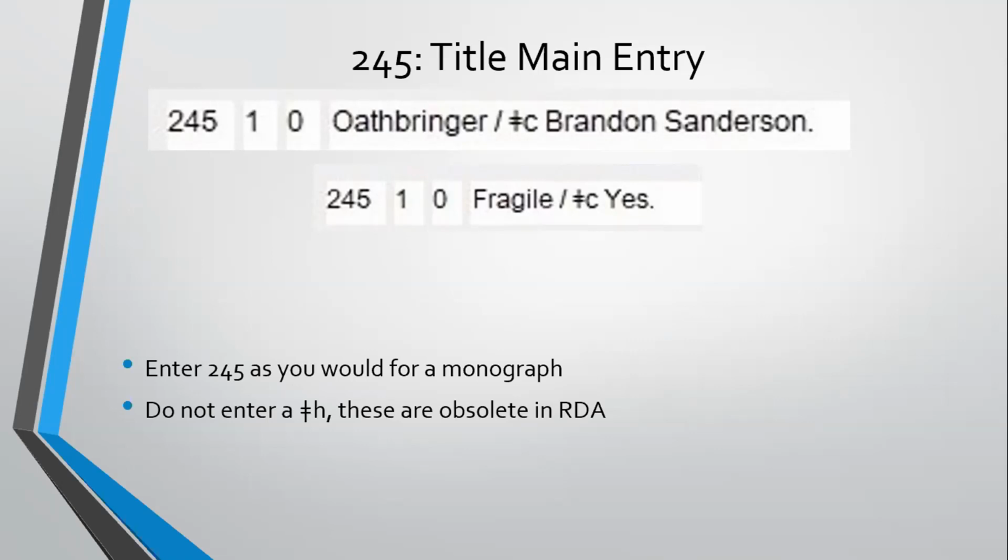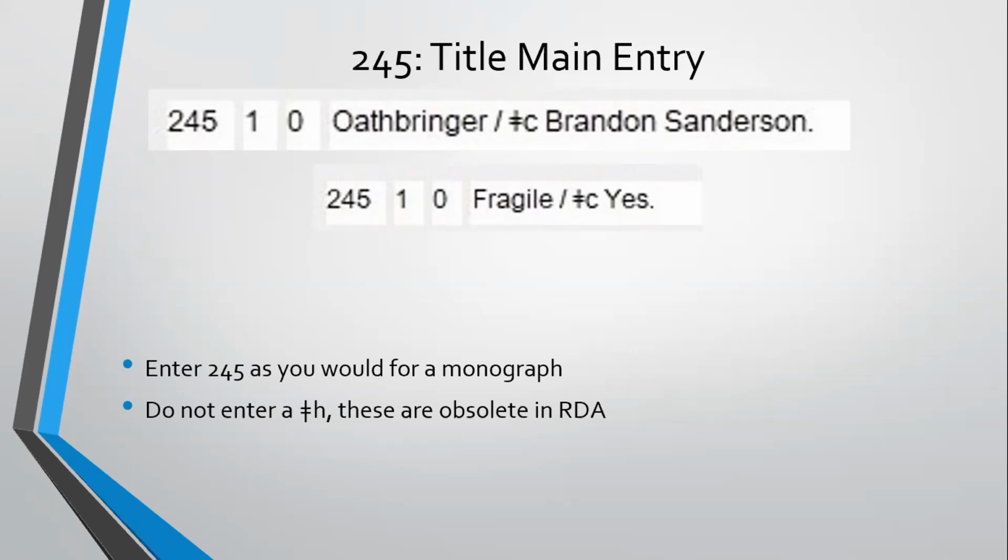So there's that. MLA also says that you can transcribe a statement of responsibility from any source in the resource without brackets. So as long as you're taking it from somewhere on the resource itself, you can include it in the statement of responsibility, even if it's not coming from the same source as your title proper.